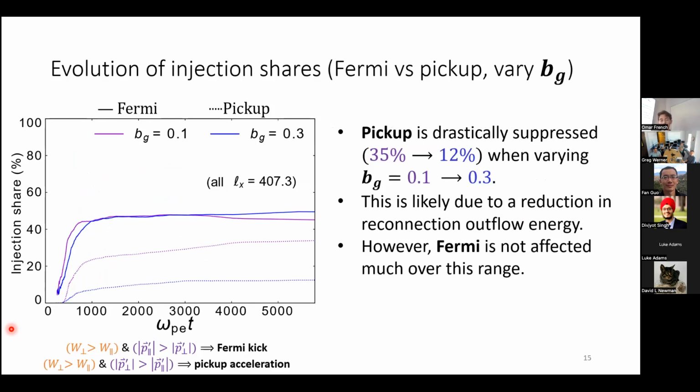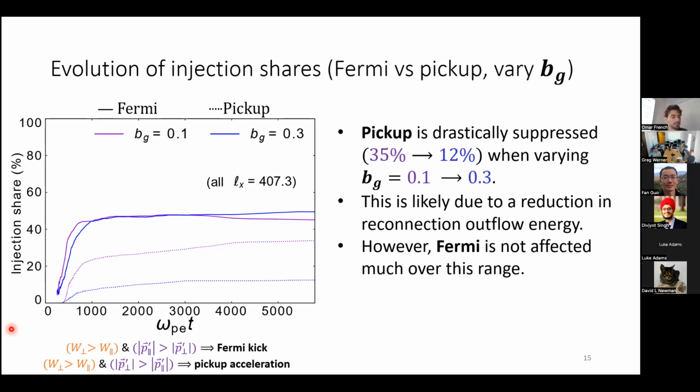Now when we divide the previously combined category Fermi plus pickup into Fermi versus pickup, we find something quite interesting, which is that pickup is drastically suppressed over this slight variation from a weak guide field of 0.1 to a slightly less weak guide field of 0.3. Pickup acceleration is nearly cut in third, whereas Fermi is not very affected.